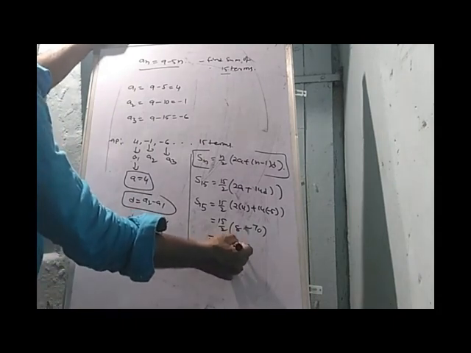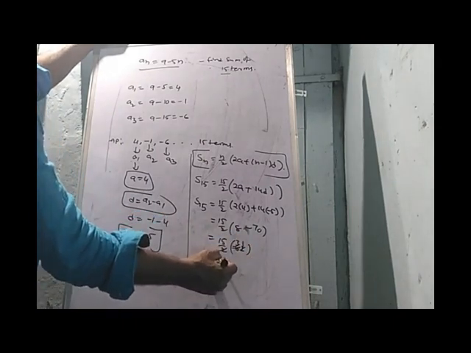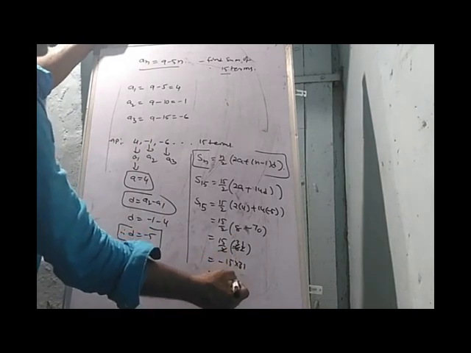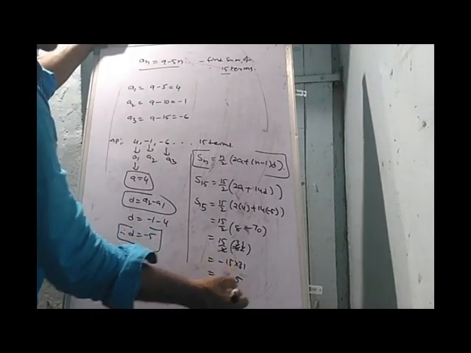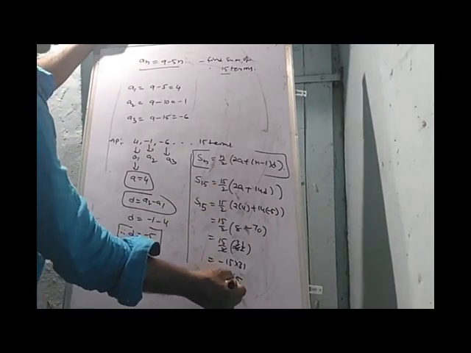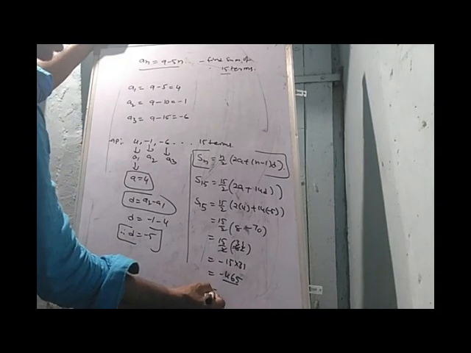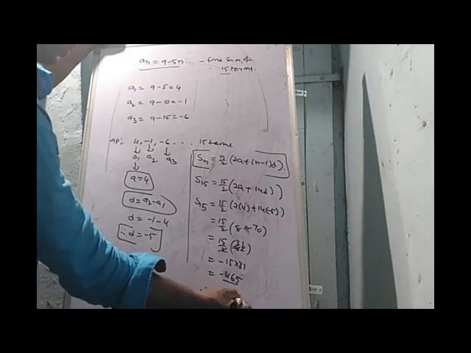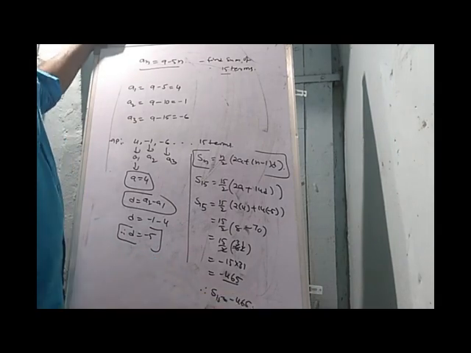Let it cancel, 2 31s are 62. Here minus 15 into 31. 15 1s are 15, 15 3s are 45, so 465. Therefore the sum of 15 terms equals minus 465.